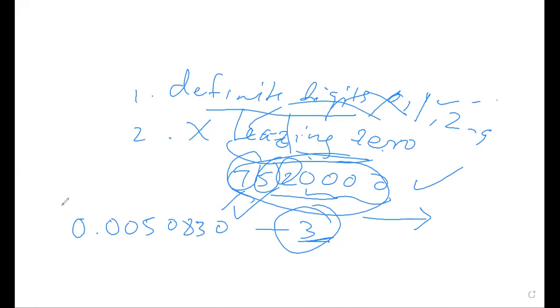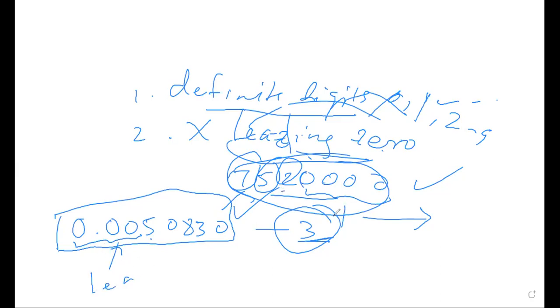This is one of the numbers, and we need to find how many significant figures it has. Sorry about that, this one is a trailing zero. Trailing zero. See this one.